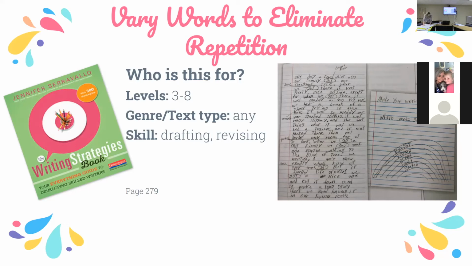So we're going to say make your writing colorful, and then they identify what they call a white word, because white is the absence of color, so it'd be kind of bland or boring. So let's just use things. That things is going to be our white word.